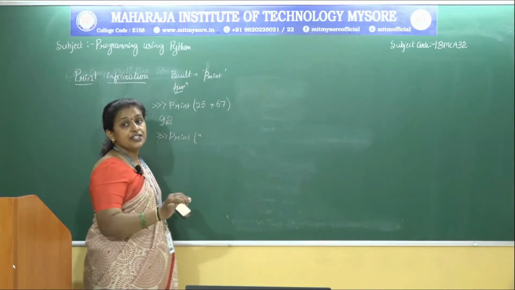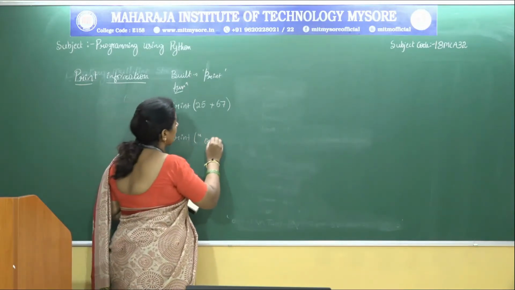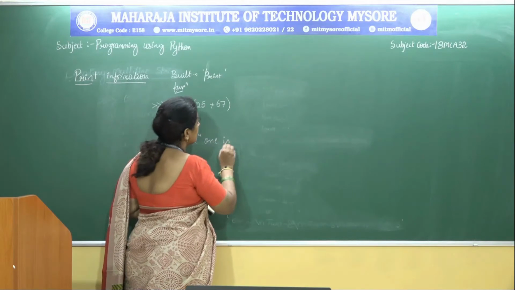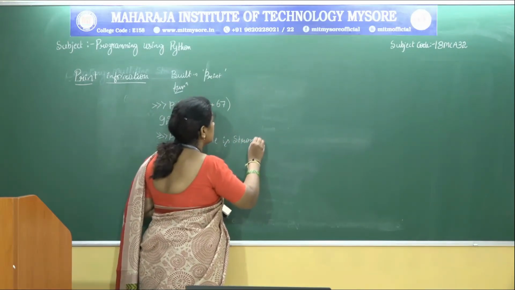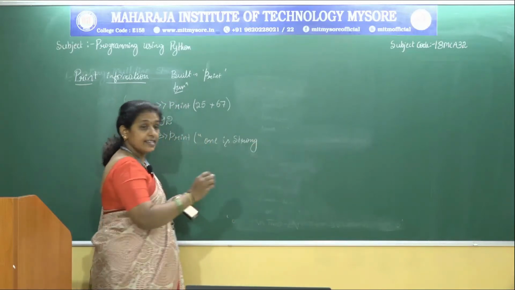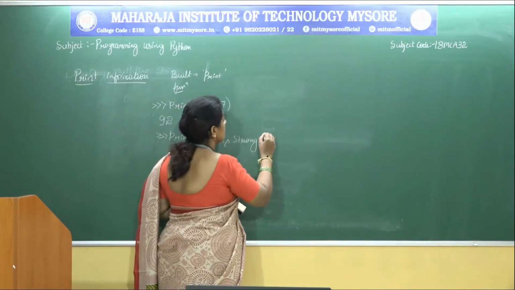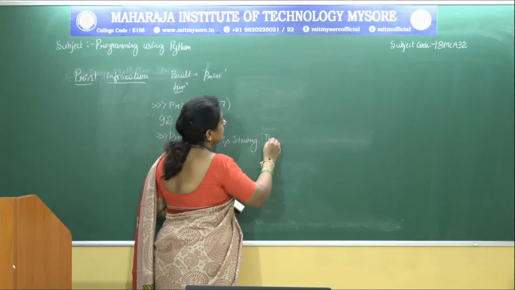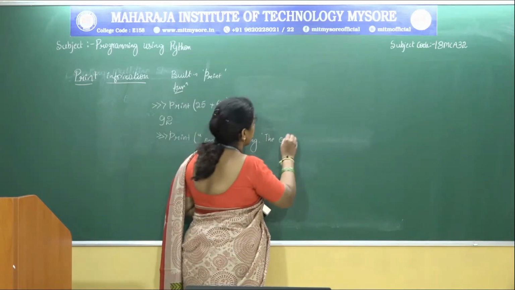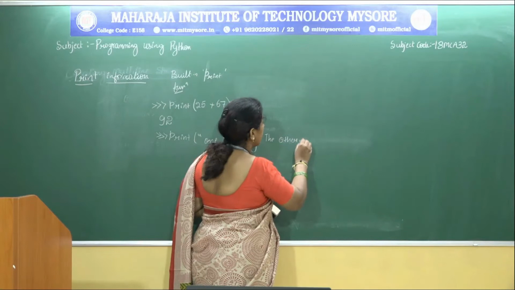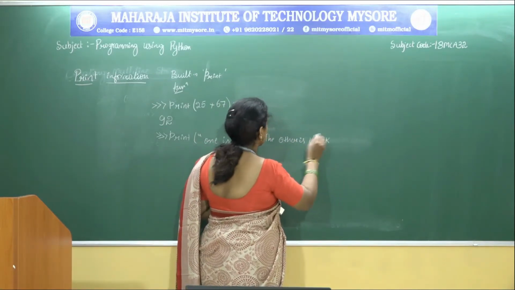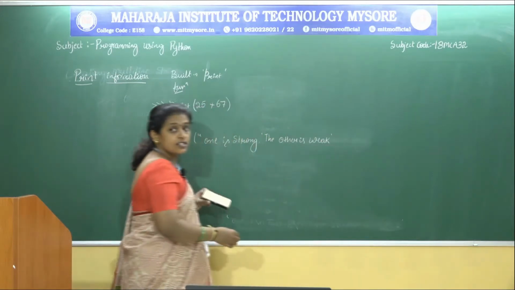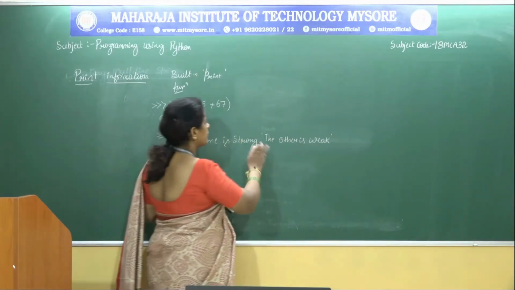Now I am using a string. One is strong, the other is weak. One is strong and the other is weak.